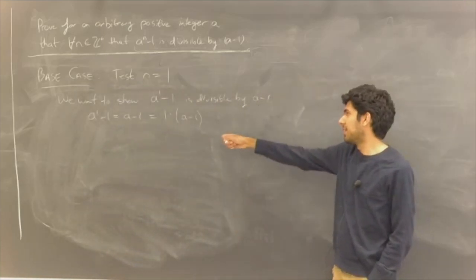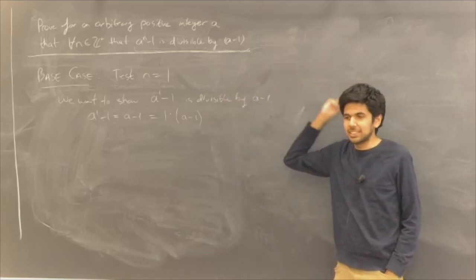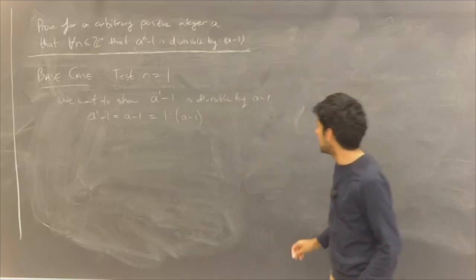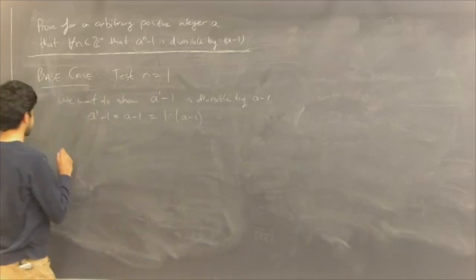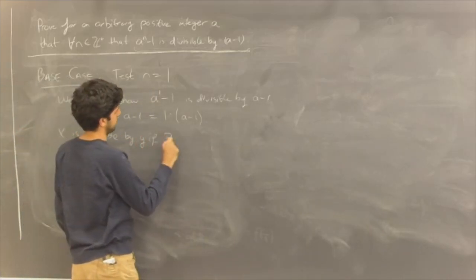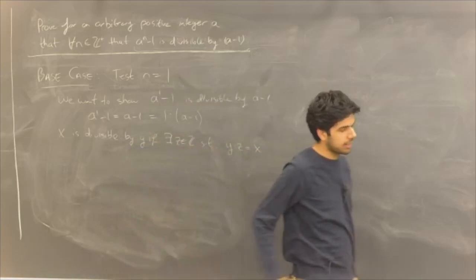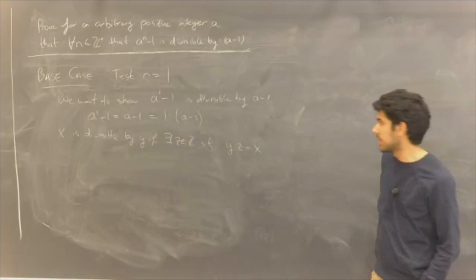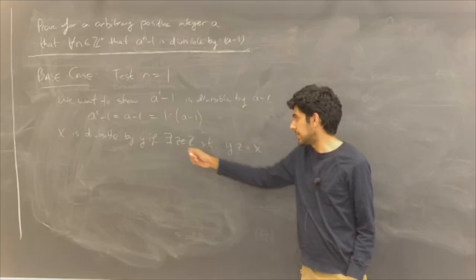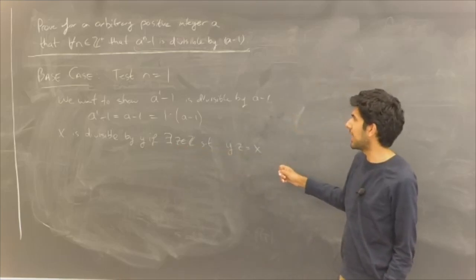This is a bit going too far because our definition of divisibility says that x is divisible by y if we can find some integer z such that y times z equals x.